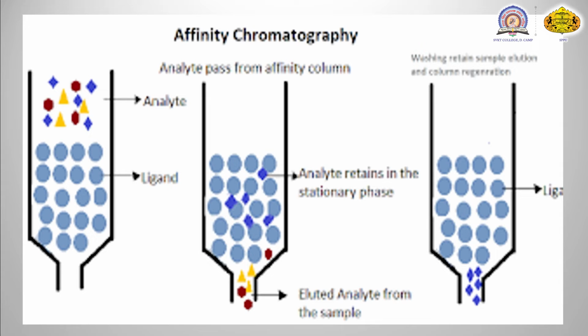In the next diagram you can also see the ligand, and the analyte means a mixture. What is happening here? The specific ligand is used for a choice of the protein. Your protein binds to the ligand, and the remaining analyte sample is eluted, so what you have now is only the ligand and your protein of interest.